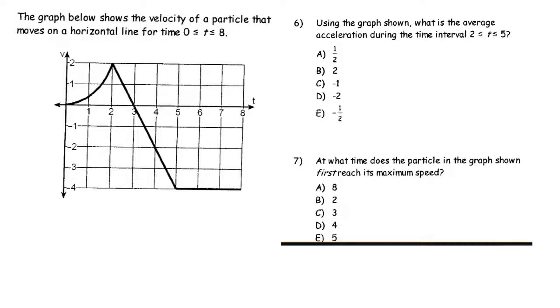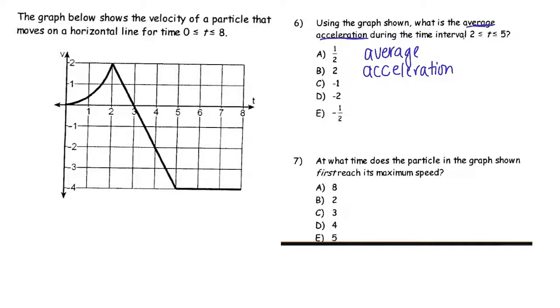Okay, for number 6, we have the same graph, and we want to find average acceleration for this one. So anytime you're seeing average here, I want you to think about that slope formula, because if we're looking for average acceleration, we're really going to be finding the slope using our velocity function. That's where a lot of people get confused trying to find a derivative, but you don't.